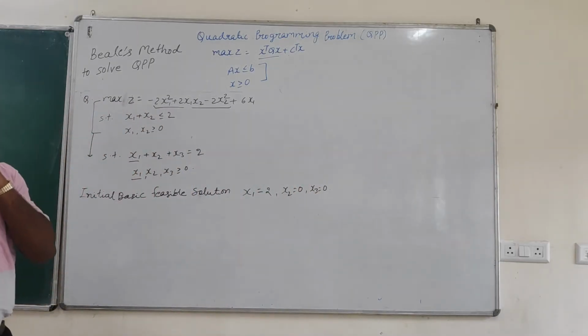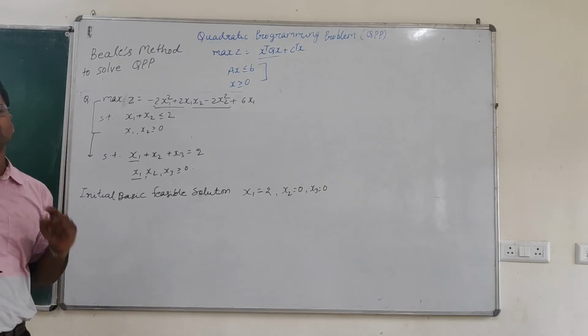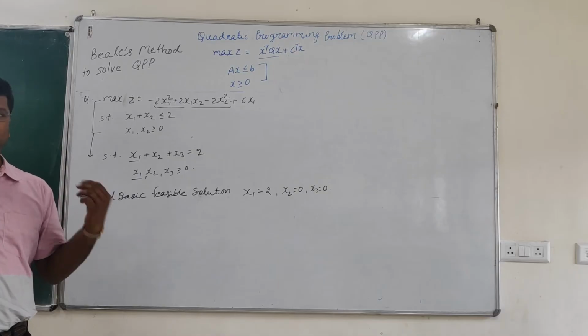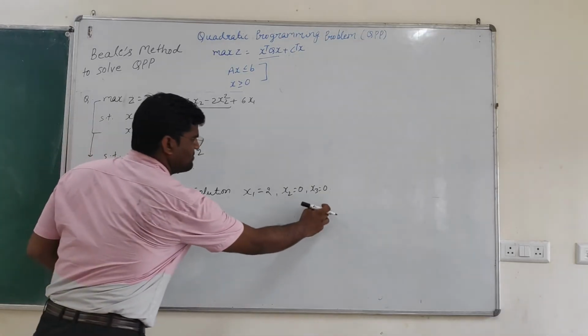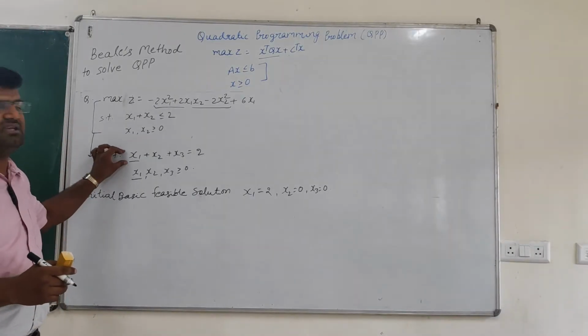I am repeating this here. There is one constraint and there are 3 variables, so the number of basic variables will be just 1, and the value of the non-basic variables will be 0. So x2 and x3 are 0, and therefore x1 is 2 to satisfy this equation.